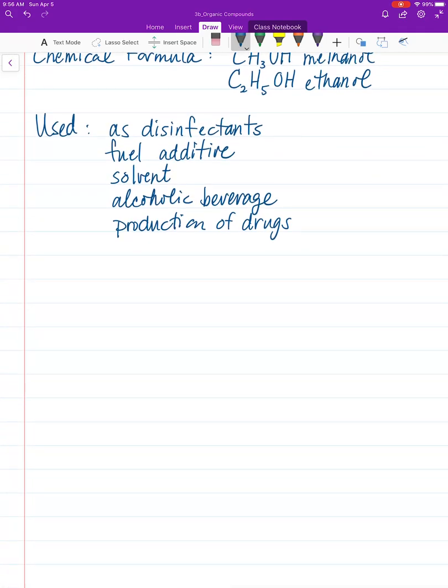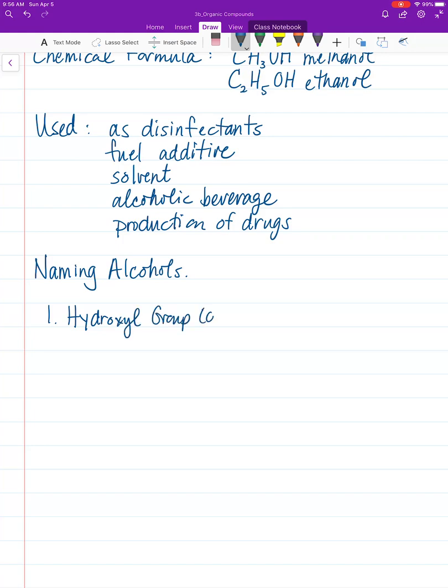Okay, and let's write this down into your notes. So how do we name alcohols? Okay, so the first thing you have to do is you have to identify that there's a hydroxyl group on the chain of carbons. And in this case, we're gonna identify that there's a hydroxyl group, so that OH on an end carbon.